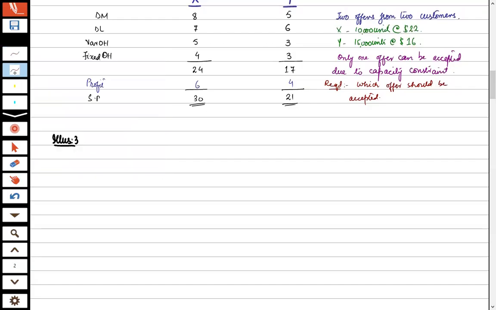We have been given three products: A, B, and C. Details are sales, in full amount, in dollars: 500,000, 300,000, and 1 million.